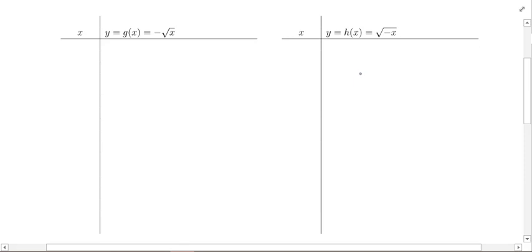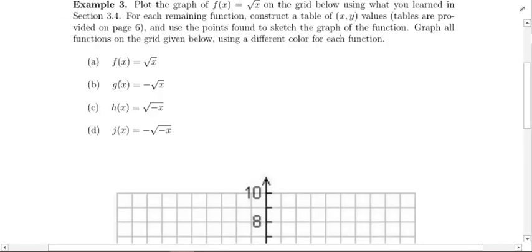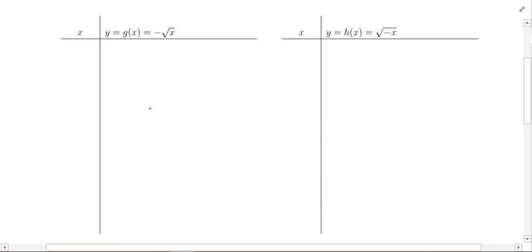All right, let's get started here. I am first going to make a table of values for g of x is equal to the negative square root of x. If you flip back, that's the equation in part B. So let's go back to the table here. We are always in charge of x. We get to pick the x values.